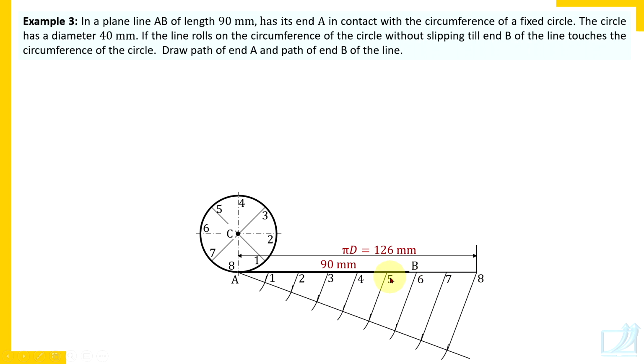Only 5 divisions. So from this you will realize that only 5 tangents are required. Of course, if you draw 8 tangents, nothing wrong in that, but it's wastage of time because the 6th point is not on the wire. So before the 6th tangent arrives here, point B comes in contact with the circle. So point B is in between 5 and 6.